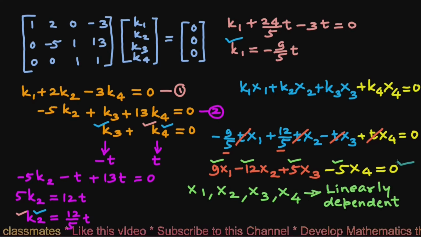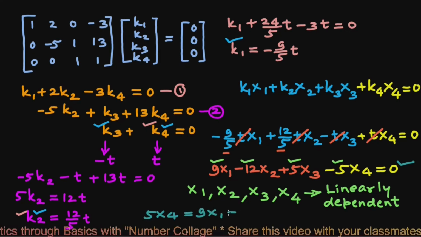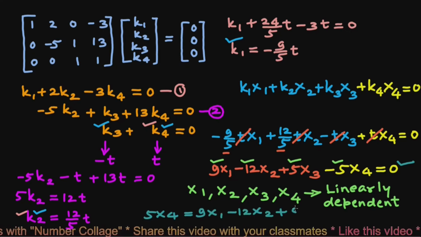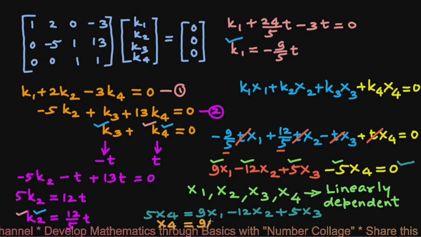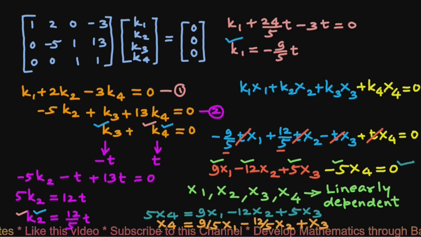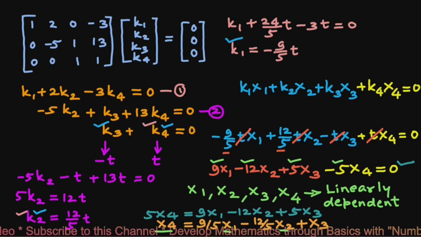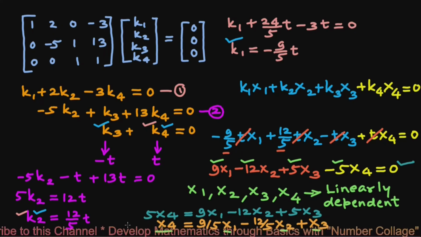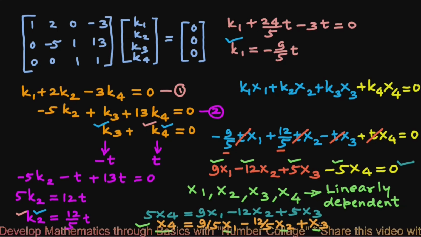From this equation, we write 5x4 equals 9x1 minus 12x2 plus 5x3, and hence x4 equals 9 by 5 x1 minus 12 by 5 x2 plus x3. Here, since x4 is a linear combination of x1, x2 and x3, we say that vector x4 depends on vectors x1, x2 and x3.